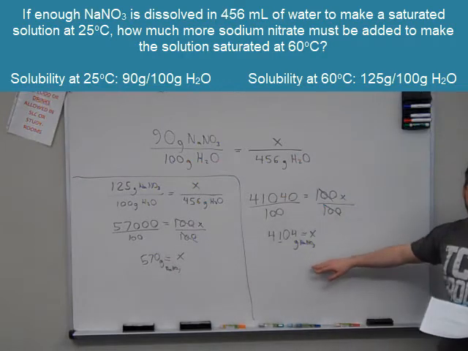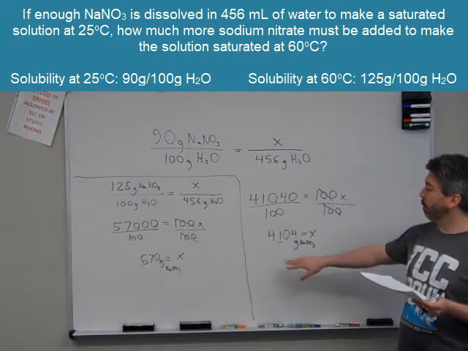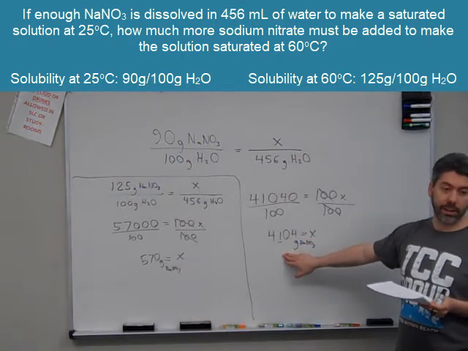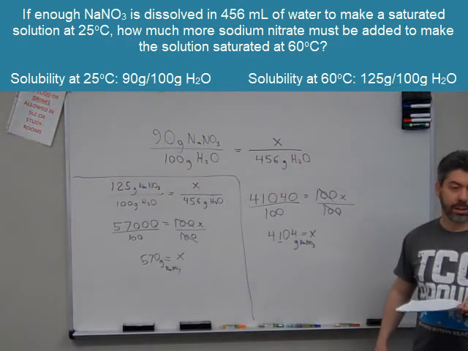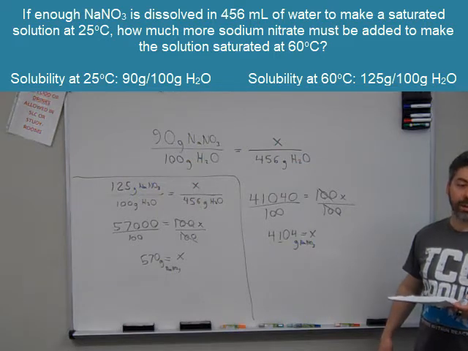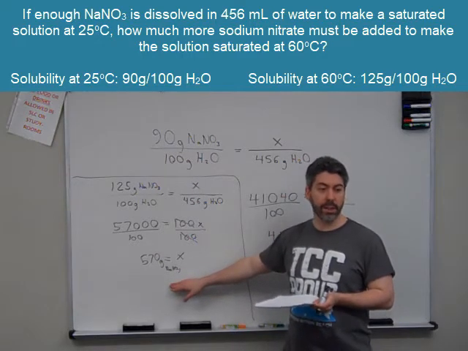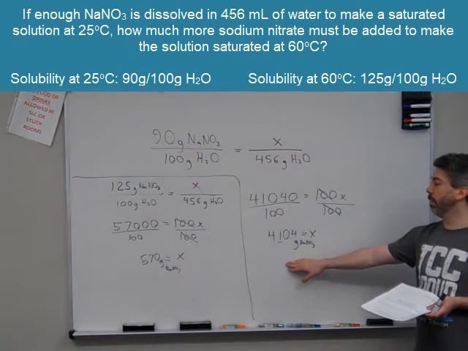This is the amount in a saturated solution at 25. So how much more grams of NaNO3 would you have to add to this to make it saturated at 60 degrees Celsius? We subtract the amount you need at 60 from the amount you added to make it saturated at 25.